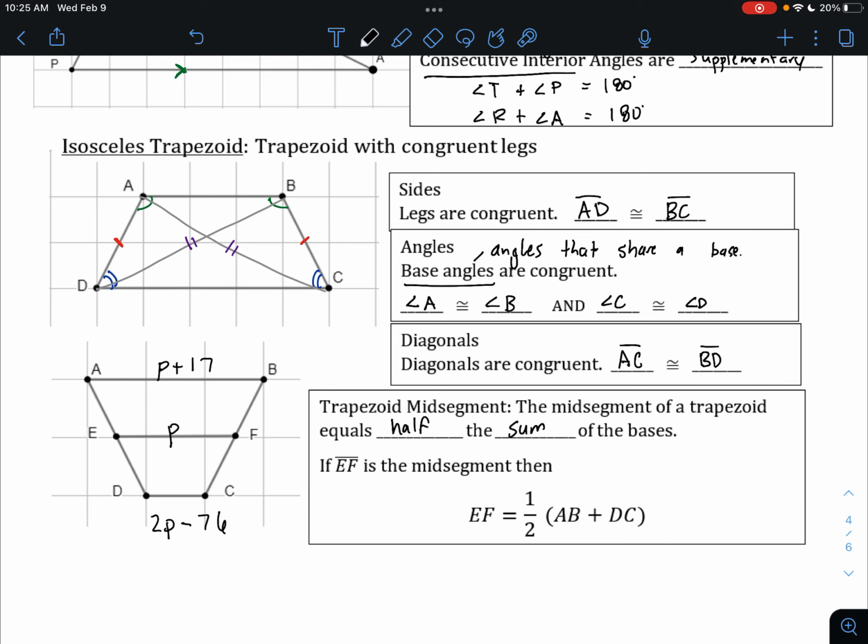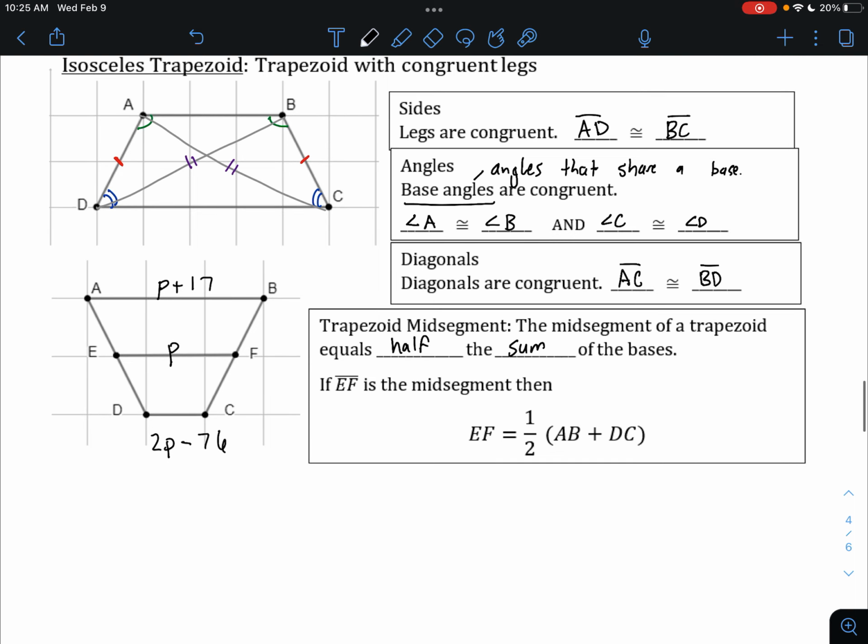Another way to say this more generally is that the midsegment, whatever the midsegment is, equals half of the first base plus the second base. There's two bases.